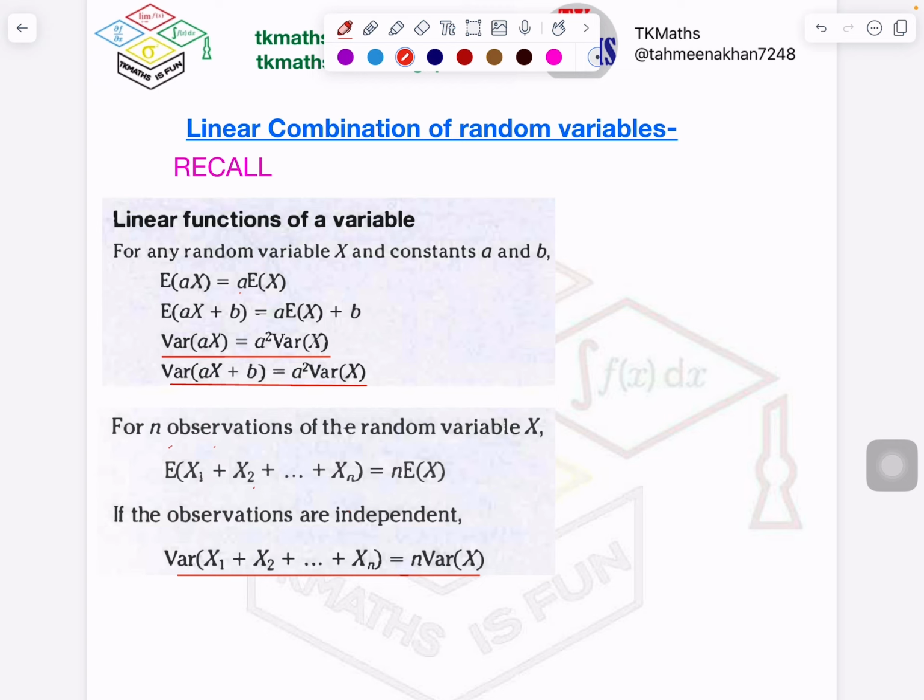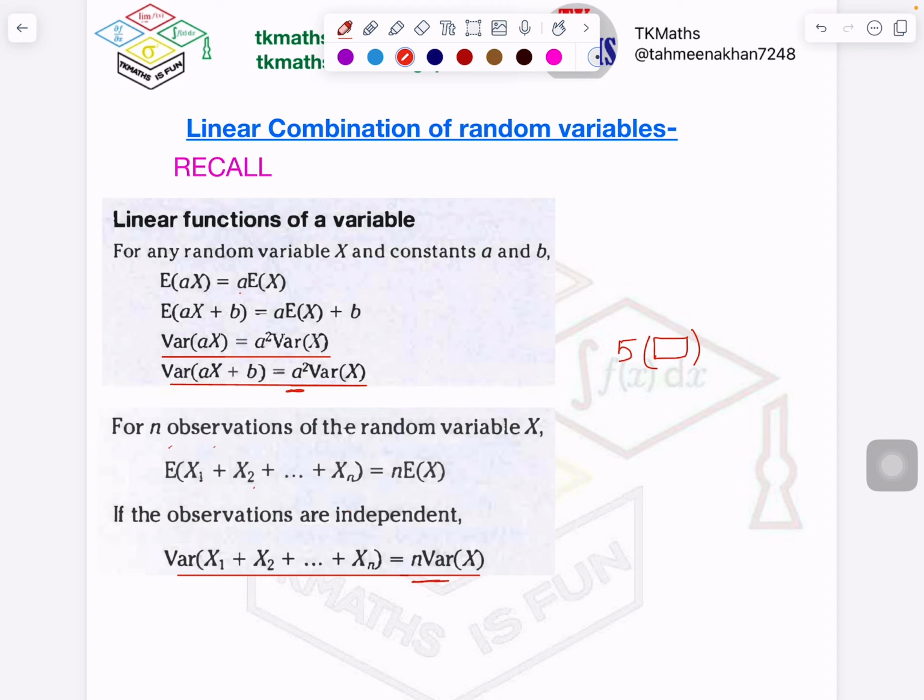This is often a query also: why do we square in this case, and in this case we are not squaring? You need to understand a very basic concept here. When it is a case of multiple, for example, I say person A is 5 times heavier than person B, I'm multiplying by 5 whatever we are talking about.